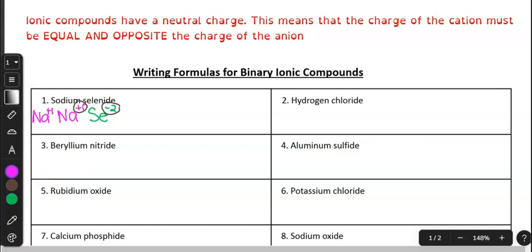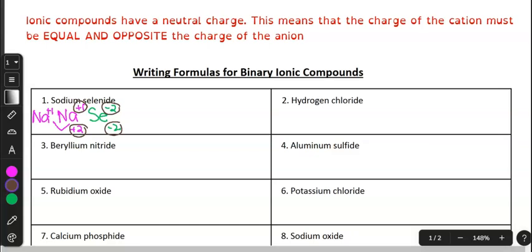Now, when you add the charges on sodium, a +1 and a +1 equals +2. And selenide, as you can already see, just one selenide is -2. So by having two sodiums and one selenide, we now achieve equal and opposite charges.